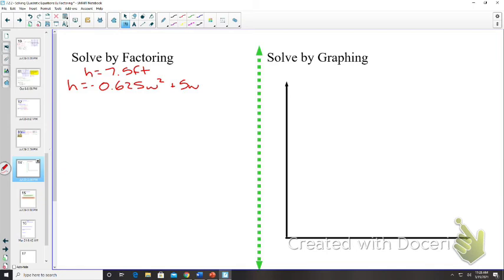So we substitute that in, and we have 7.5 equals negative 0.625w squared plus 5w.